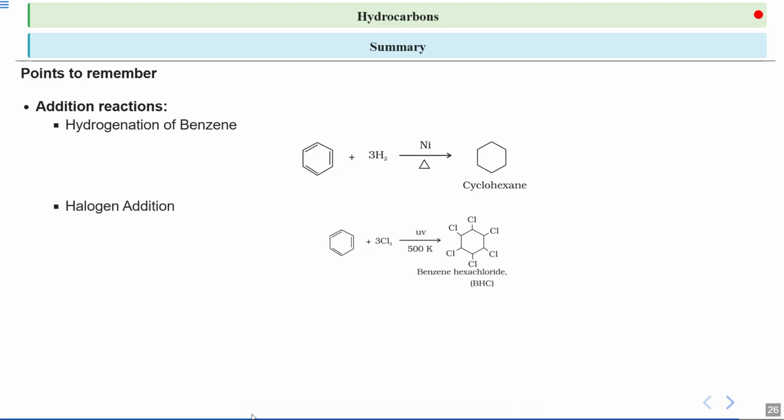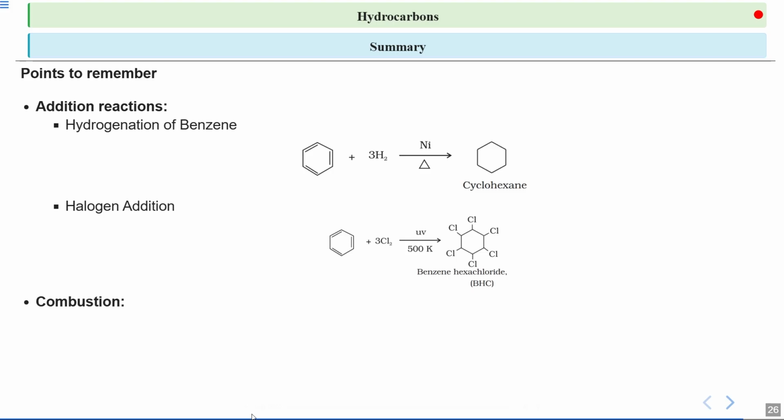Then the next is halogenation addition, in which the benzene ring reacts with 3 moles of Cl2 to produce hexachlorocyclohexane. Got it? Here we are using UV light in place of the dark condition, which was seen in the case of your electrophilic aromatic substitution. This is also known as BHC, which is benzene hexachloride.